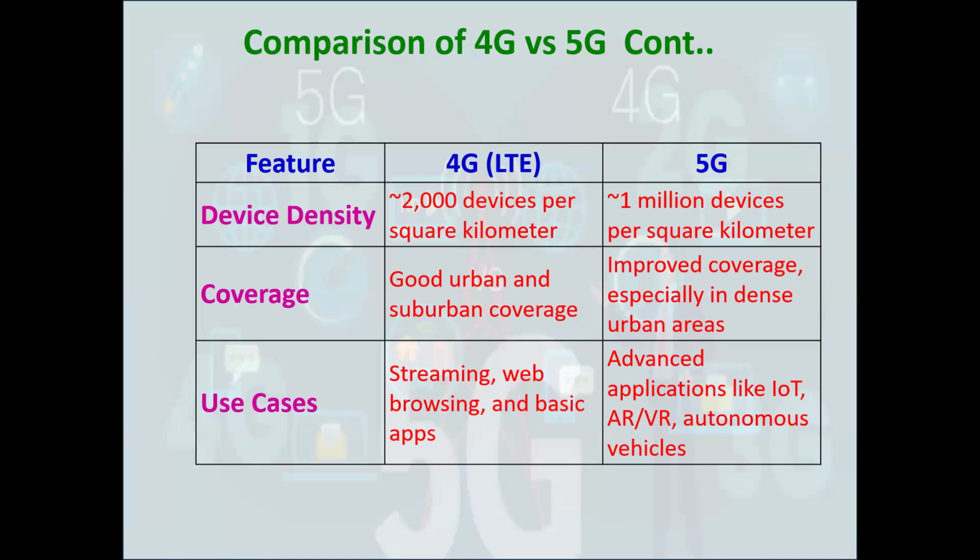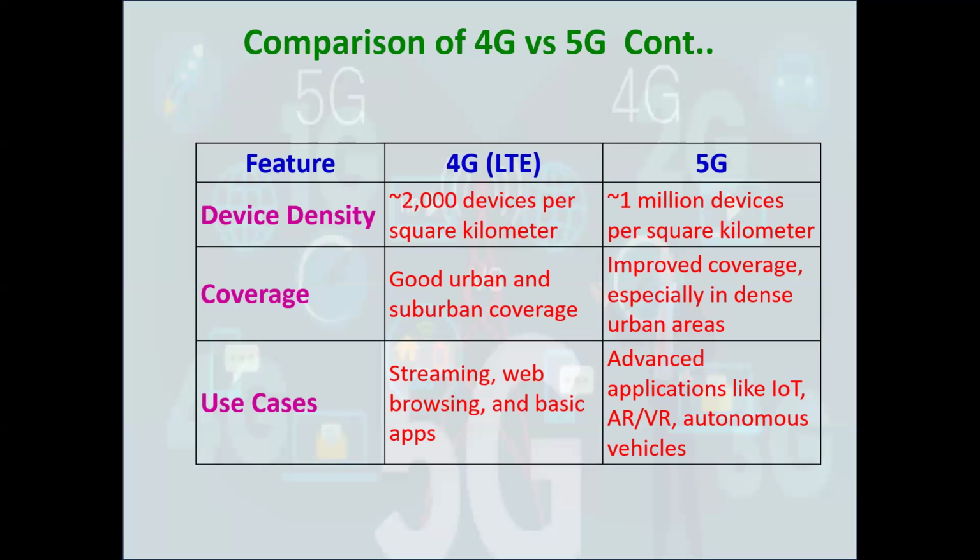Whereas 5G coverage requires denser networks of cells, especially at higher frequencies, to ensure reliable performance. While this allows for more robust and high-speed connectivity, it also means more infrastructure is needed to achieve comprehensive coverage.